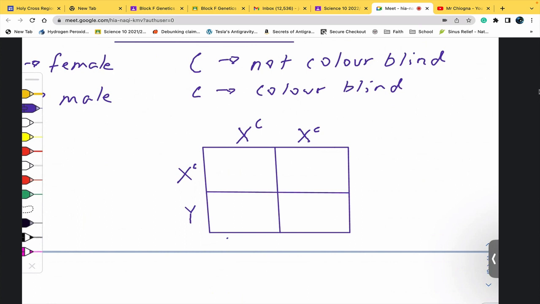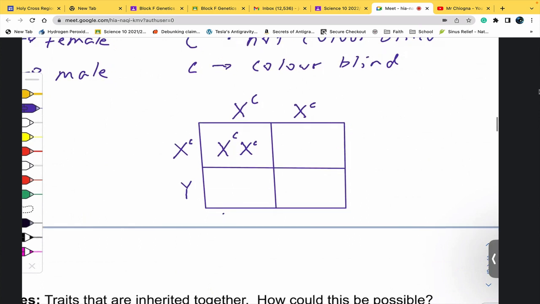Okay, so the first cross we get X big C, X little c, a carrier but not colorblind female. You need two lowercase for colorblind females.